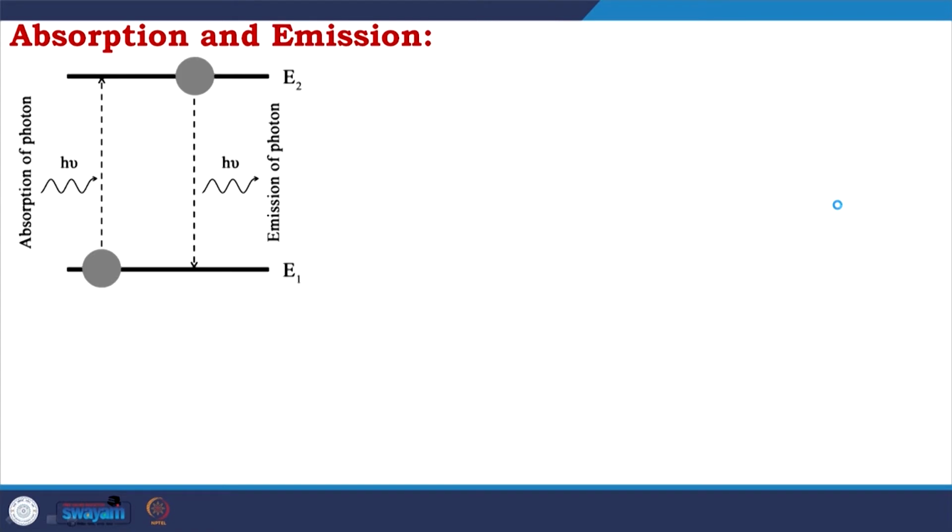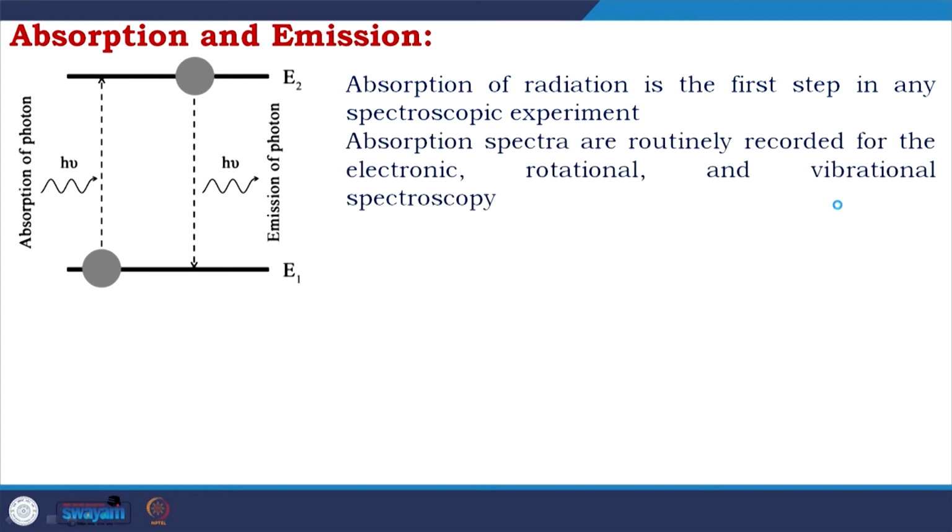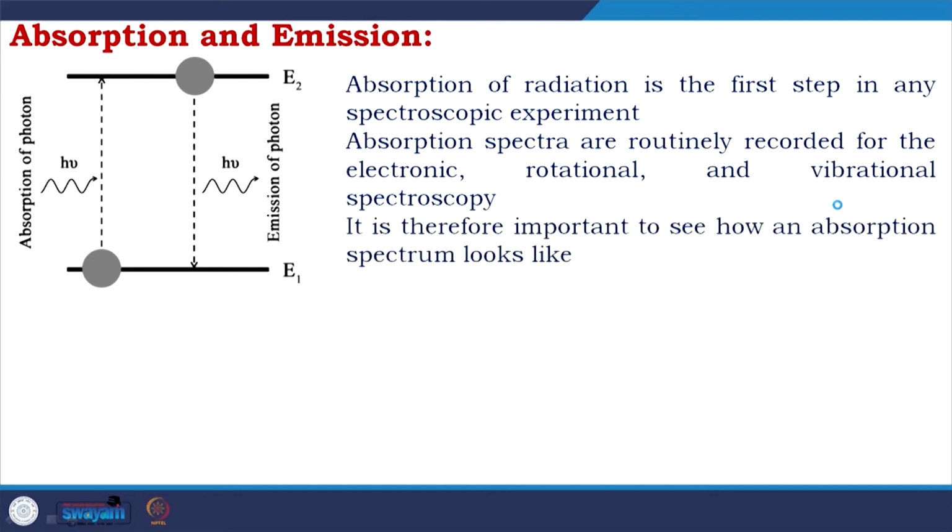Coming to absorption and emission, when a photon comes and interacts, it changes the electronic state of the atom or molecule and is then emitted. So, absorption of radiation is the first step in any spectroscopic experiment. Absorption spectra are routinely recorded for electronic, rotational and vibrational spectroscopy. It is therefore important to see how an absorption spectrum looks.